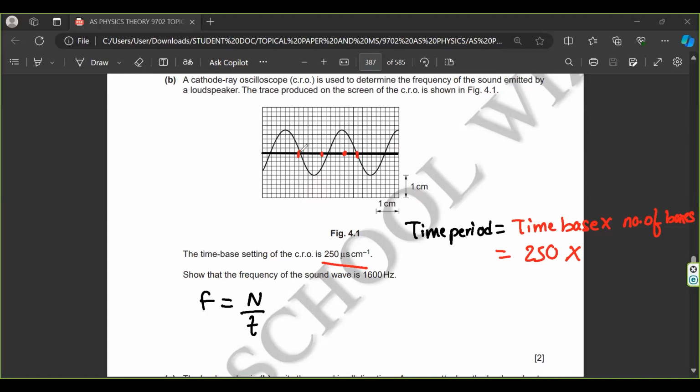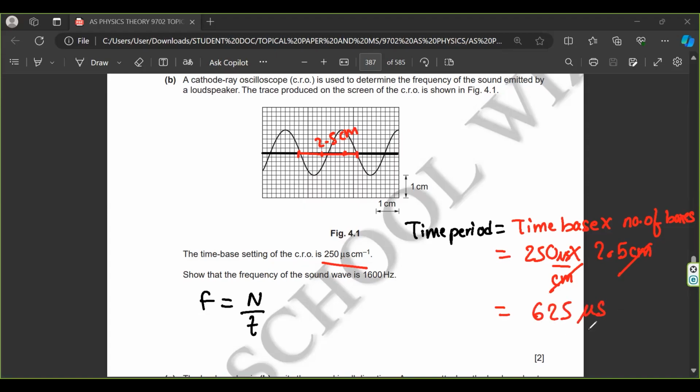So the number of boxes for one complete oscillation is 2.5 centimeters. The centimeter is canceled out. So 250 into 2.5 gives me exactly 625 microseconds.